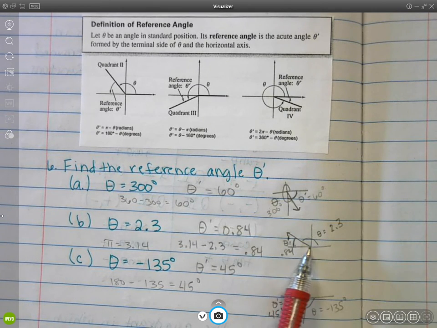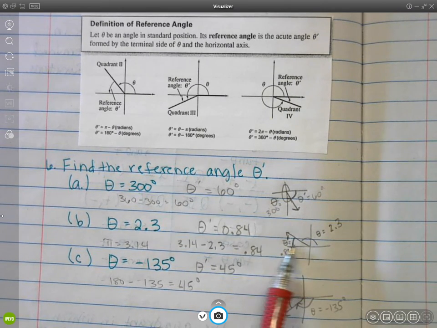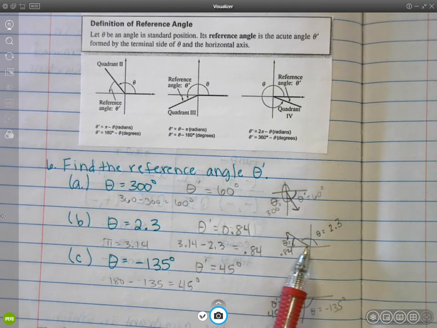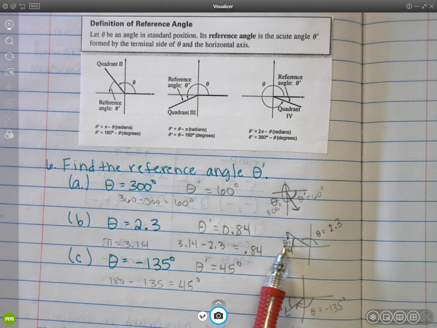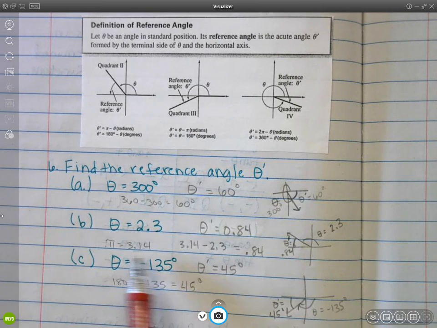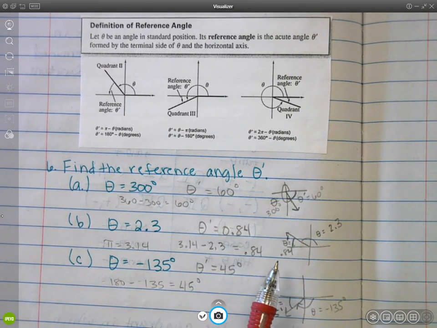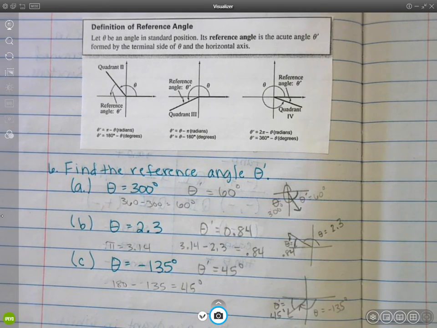Remember, pi is 3.14, and that's what this is. So 2.3 is going to be kind of here. So how far is that from that x-axis? Well, this x-axis is pi radians, so 3.14. So if I do 3.14 minus 2.3, I get 0.84. So the reference angle is 0.84 radians.